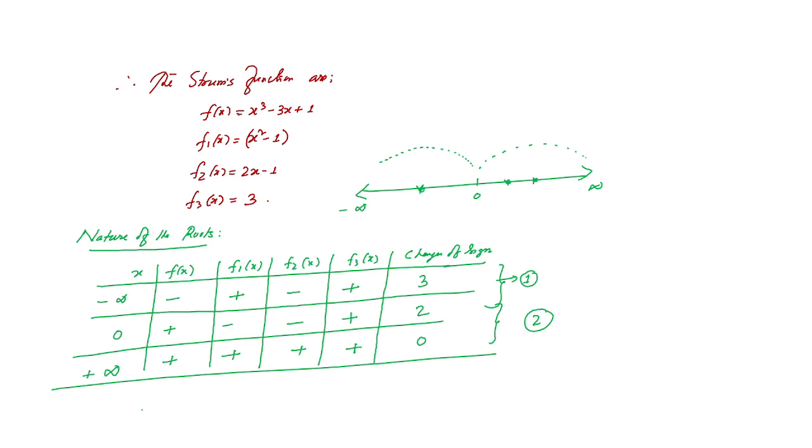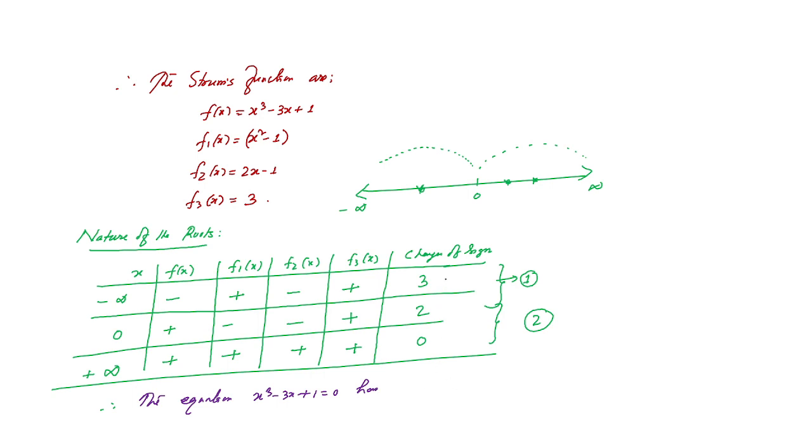So what will we write? Therefore our conclusion is, the equation x cube minus 3x plus 1 equals 0 has 3 minus 2.